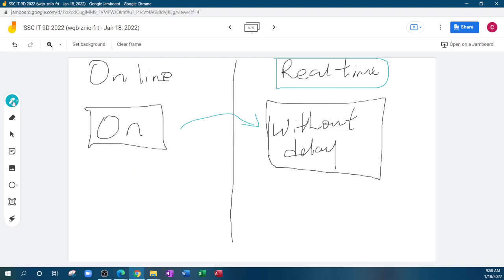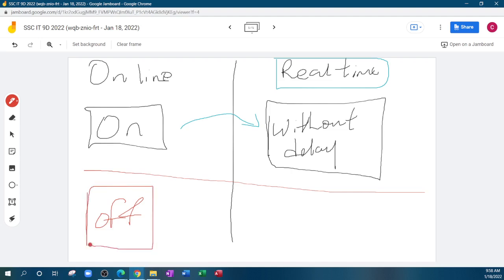Now, in contrast to that, if the device is online, that does not necessarily mean it is real time. That does not mean it is real time. So if the device is an online device, that doesn't mean it's a real time device.